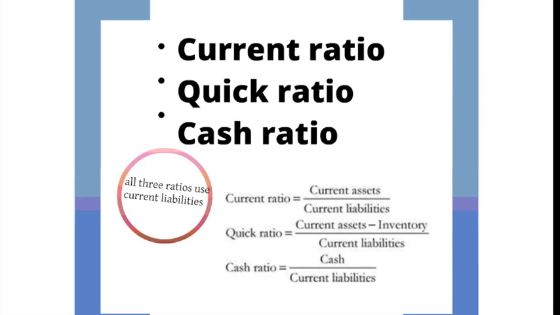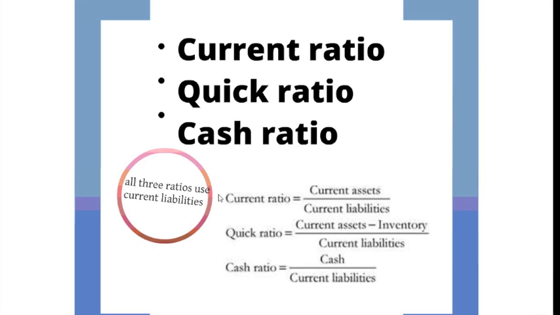liability. For current ratio, we use everything in its current assets. For quick ratio, we only include those assets which can be easily converted into cash. That's why we exclude inventory from the current assets.